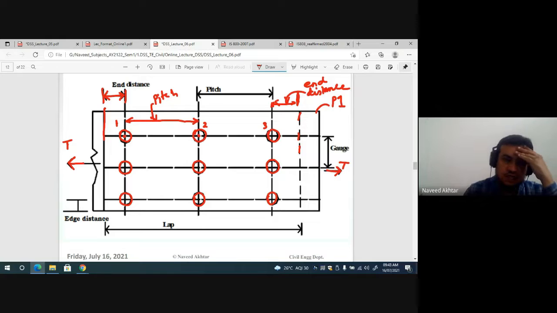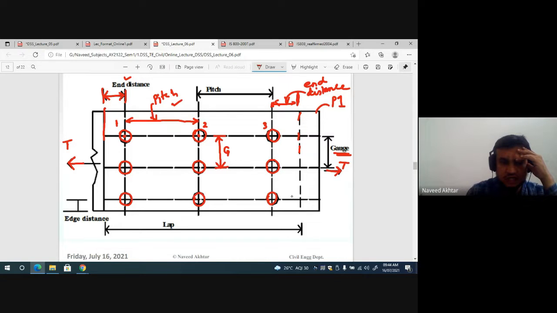What we have seen now is first the pitch, and second the end distance. Now we'll go to the gauge distance. The center to center distance between two consecutive holes, perpendicular to the direction of stress, is called the gauge distance.